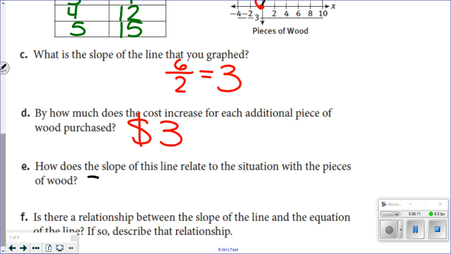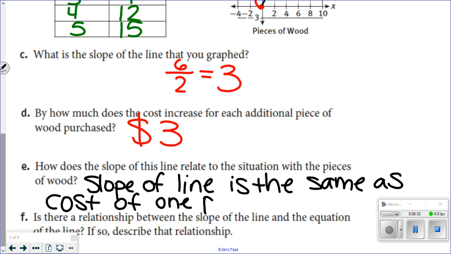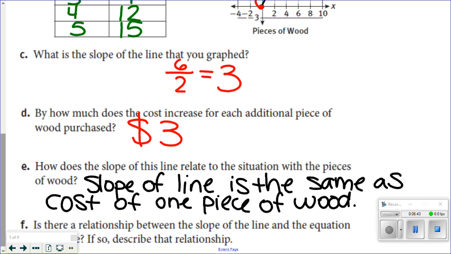Well, the slope of the line is the same as the cost of one piece of wood.